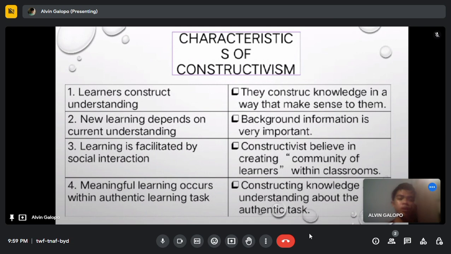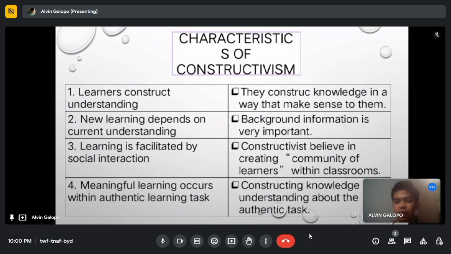Authentic activities are relevant activities that relate to real life situations. Here it highlights the construction of knowledge and understanding through the authentic task.